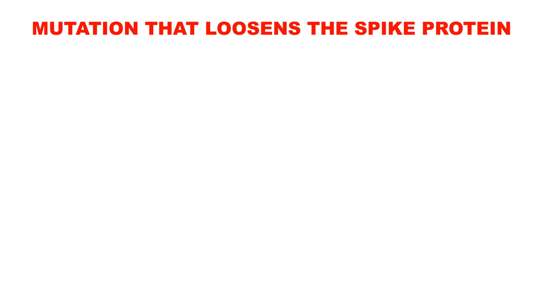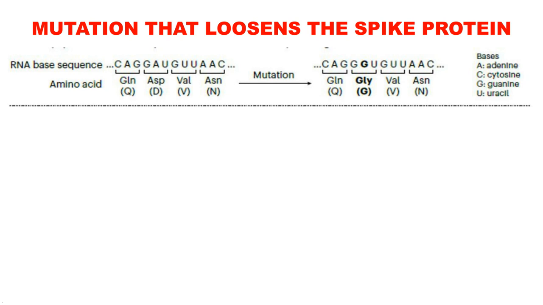As I mentioned, the trimeric protein could be in the closed form or in the open form. When one mutation occurred, which opened up one of the trimers, that led to an increase in infection.